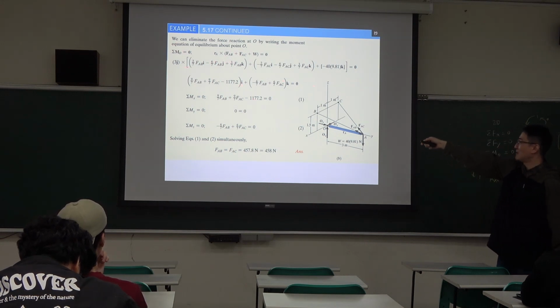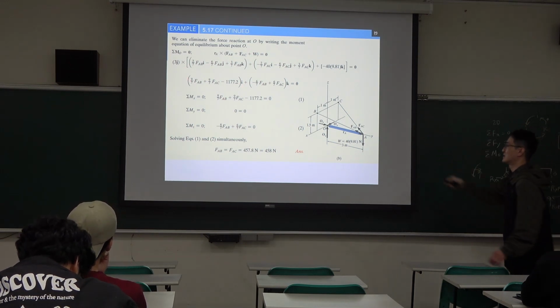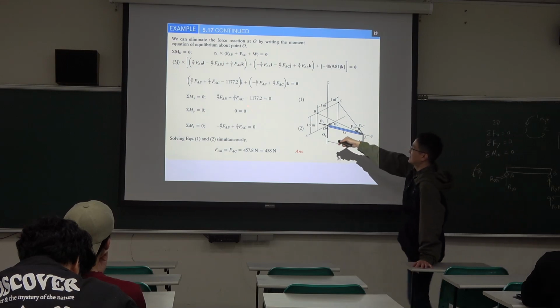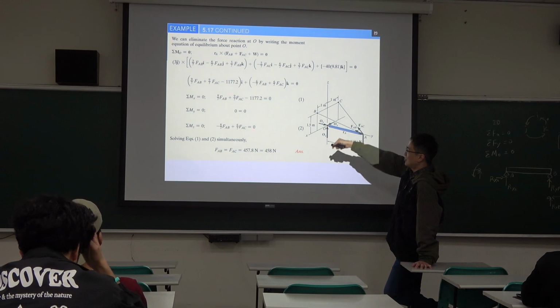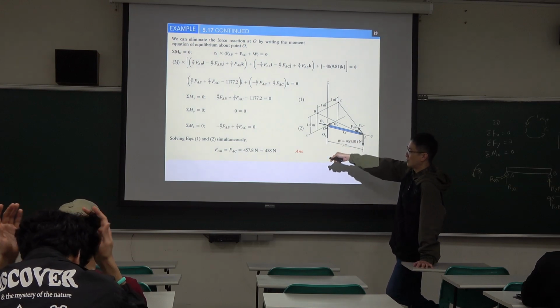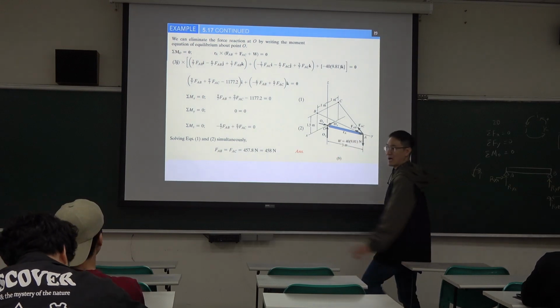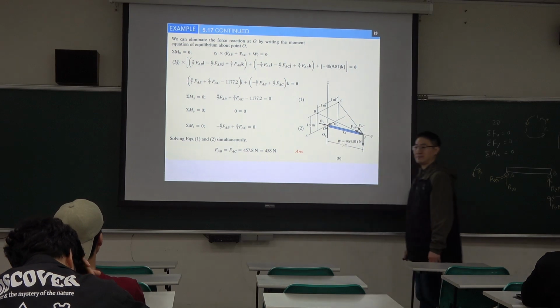This component should equal 0, and this component also equals 0. So we have this and this: two equilibrium equations to work out two unknowns. Okay, that's it.